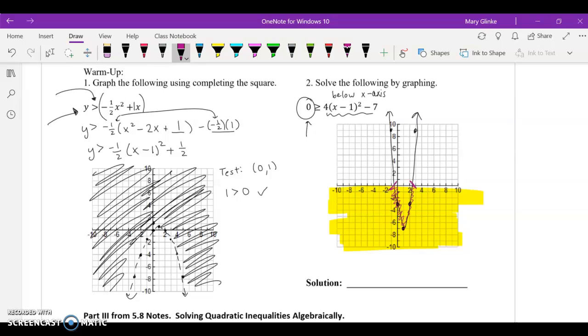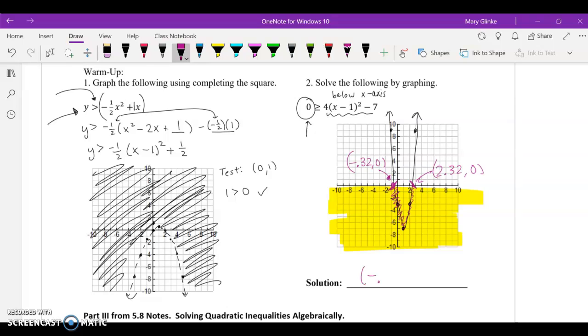Since it doesn't say no calculator, we can go ahead and type these in and get these answers via the calculator. So our zeros here, if you hit second, calculate, zero, should be negative 0.32, comma 0, and 2.32, comma 0. And so we want everything in between those x values.